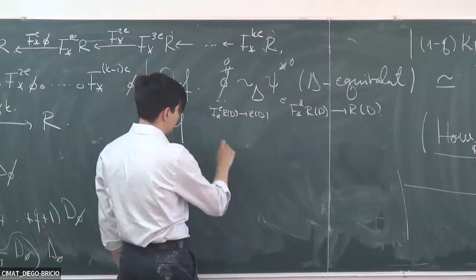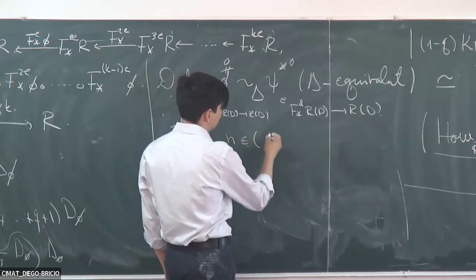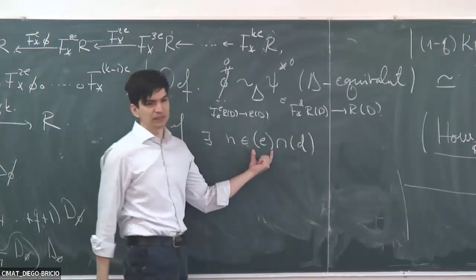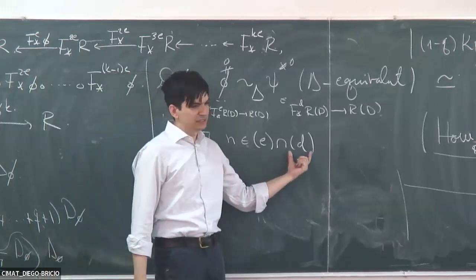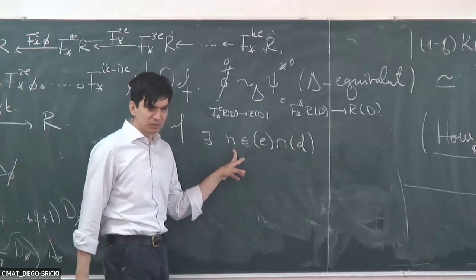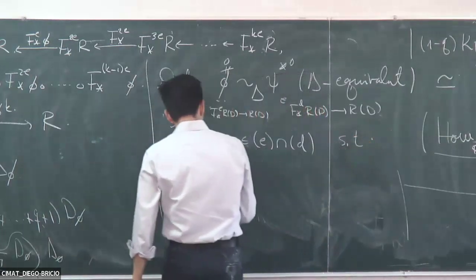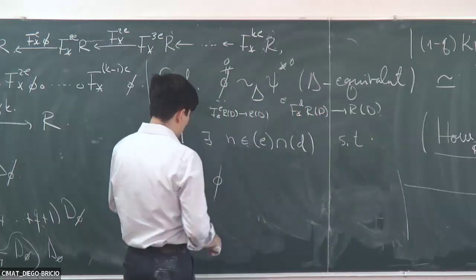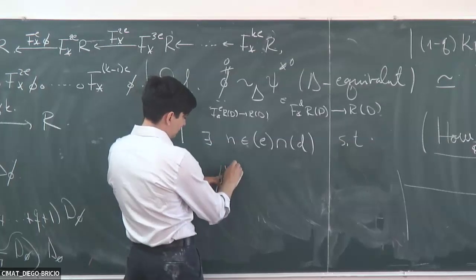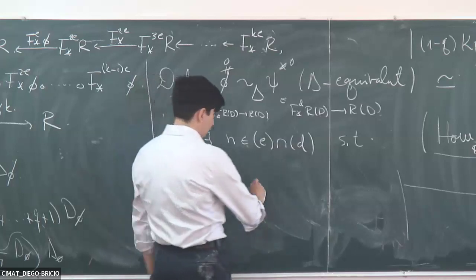Let them vary, and so if we say that they are equivalent, if they have a common multiple, let's say there exists an integer n that belongs to the common set of multiples of E and D. Right? This is the ideal in Z generated by E, the ideal in Z generated by D, which is another way to talk about the multiples of E and D. So let's say that there is a common multiple such that now I'm going to raise phi to the n divided by E, because now this lives in degree n, right?